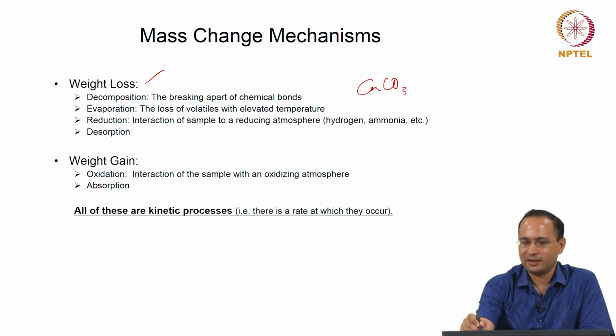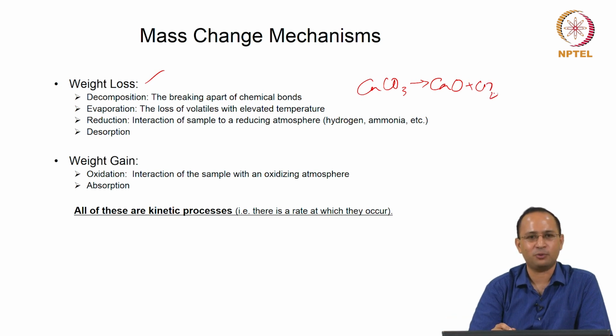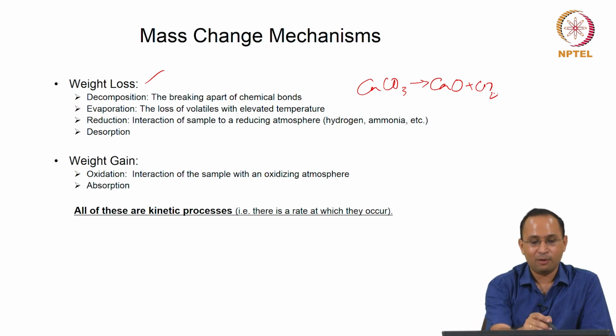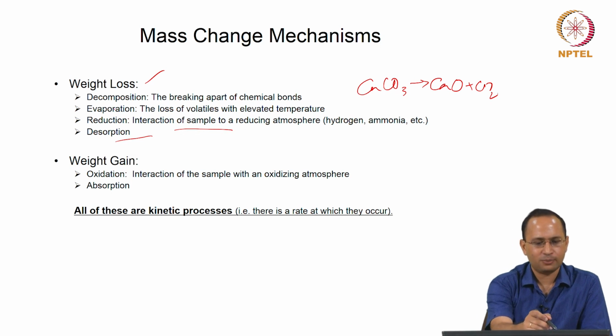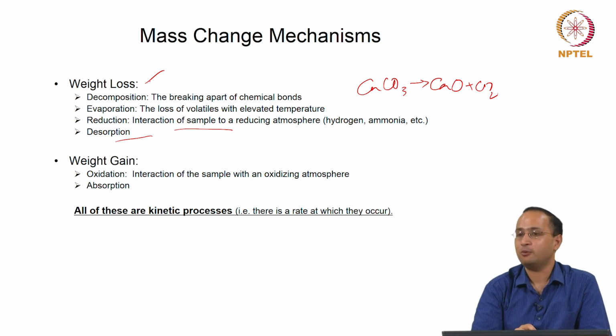A simple example is CaCO3 converting into calcium oxide and carbon dioxide. Evaporation, you are losing moisture, loss of volatiles, reduction, desorption: these are the typical processes where you have weight loss.